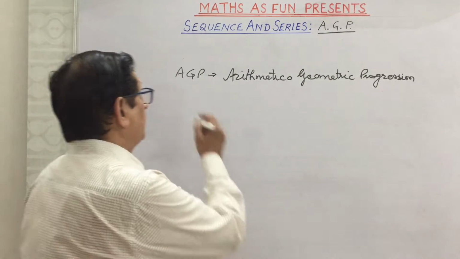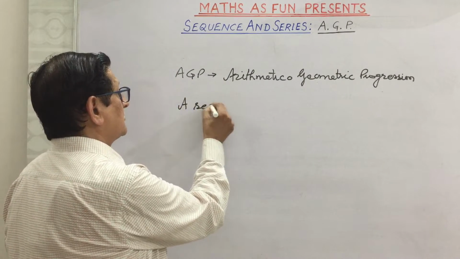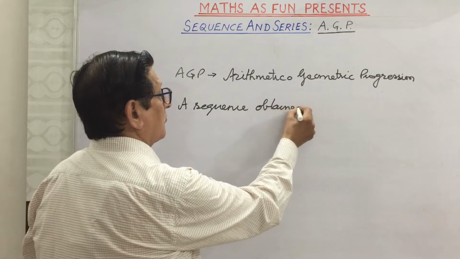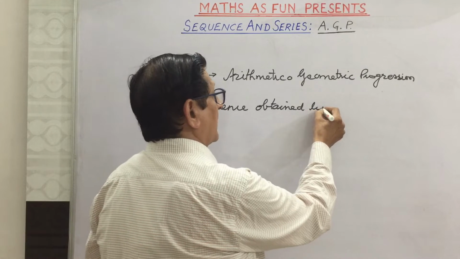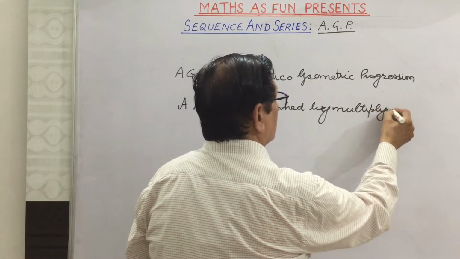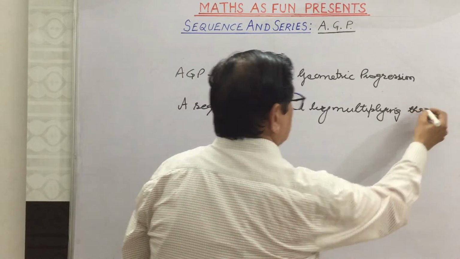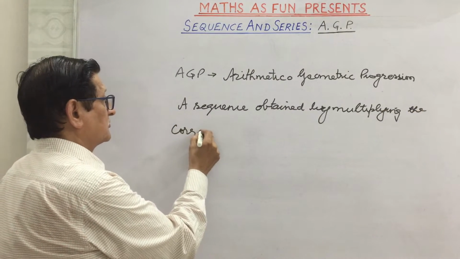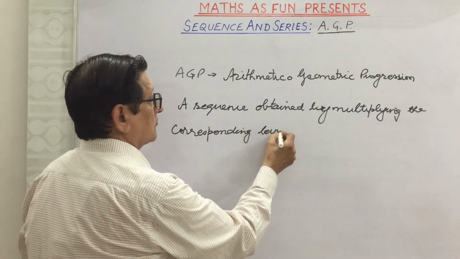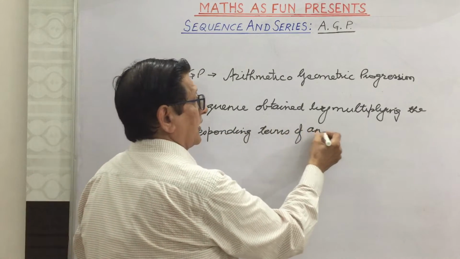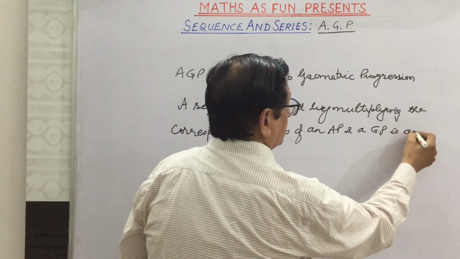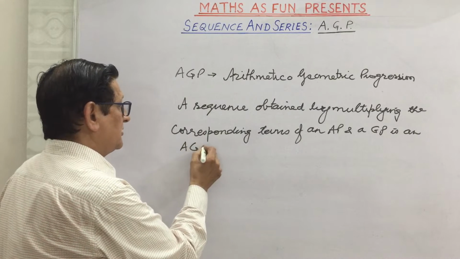So we can say a sequence obtained by multiplying the corresponding terms of an AP and a GP is an AGP.